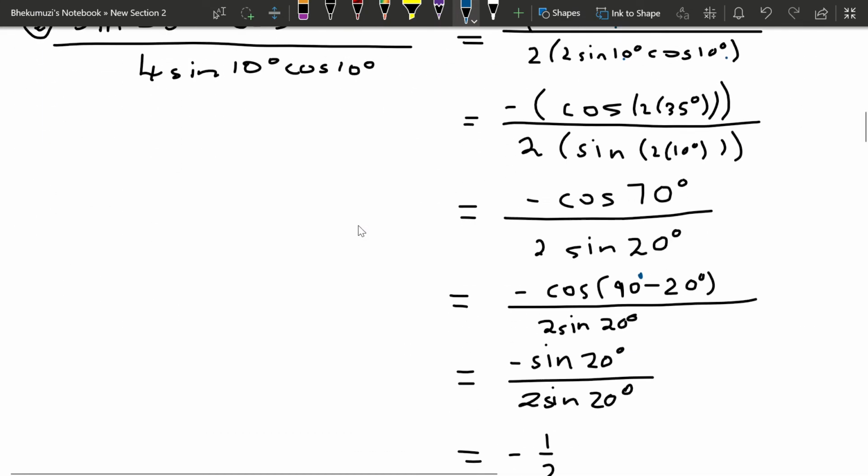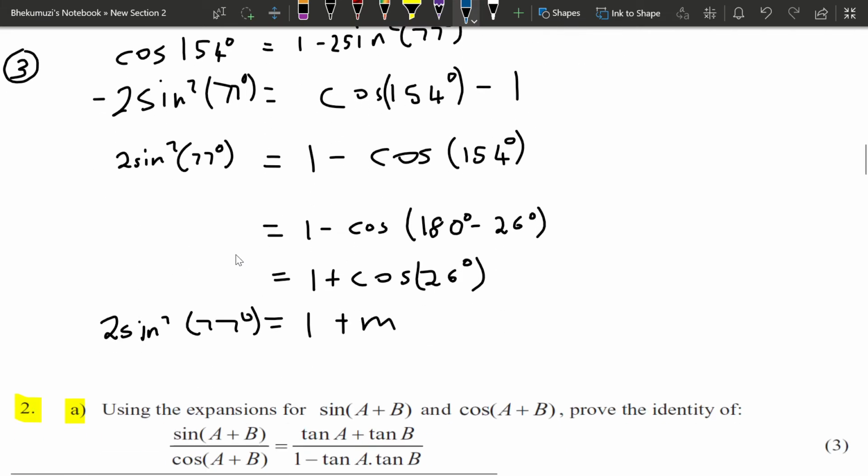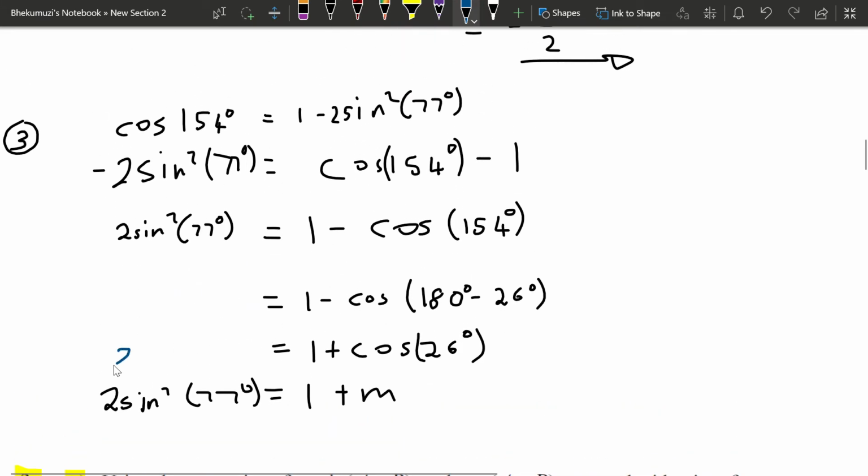So what if I say, I know for a fact that 77 times 2, as a double angle, would be 154 degrees. That is true, right? You can agree with me on that. So let me rewrite it.